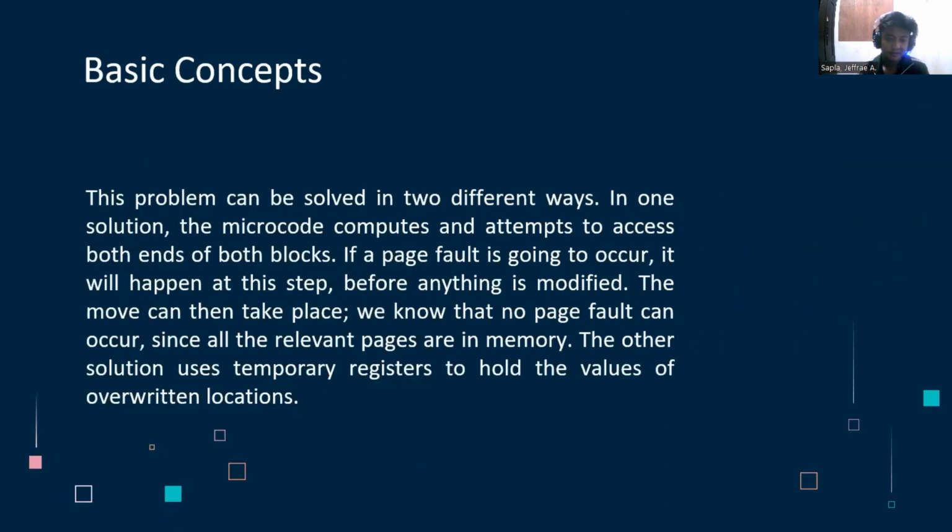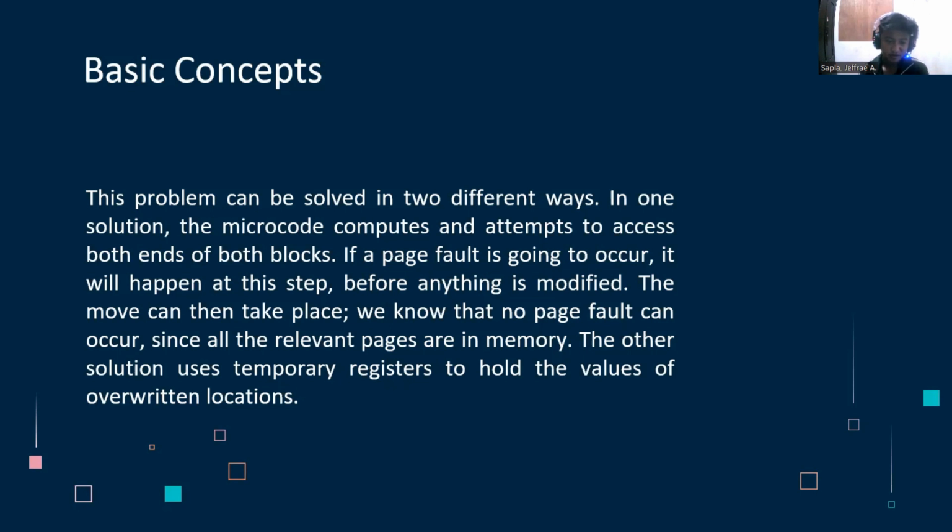So this problem can be solved in two different ways. In one solution, the microcode computes and attempts to access both ends of both blocks. If a page fault is going to occur, it will happen at this step, before anything is modified. The move can then take place. So we know that no page fault can occur since all the relevant pages are in memory.